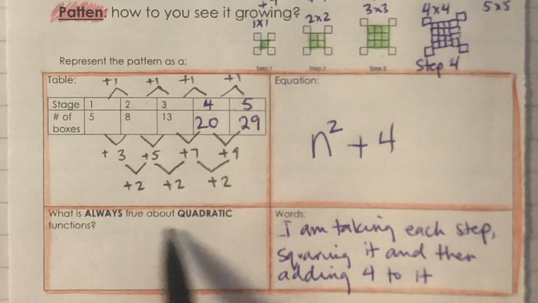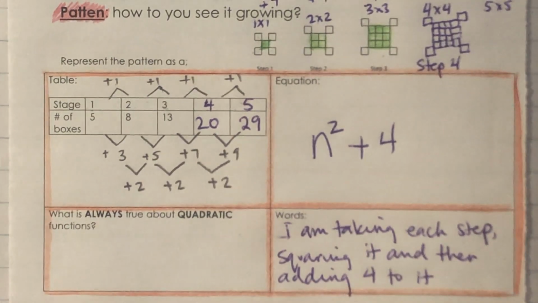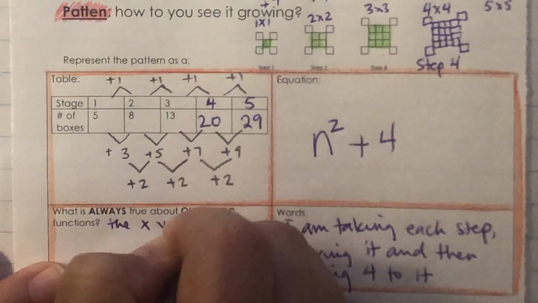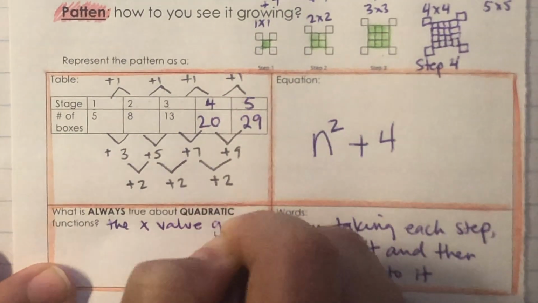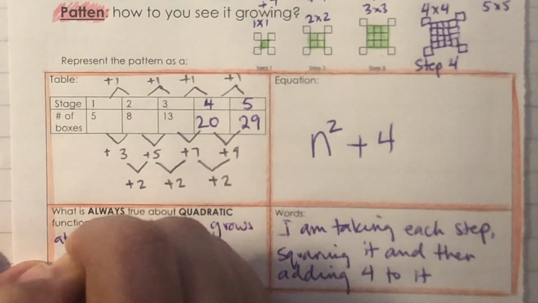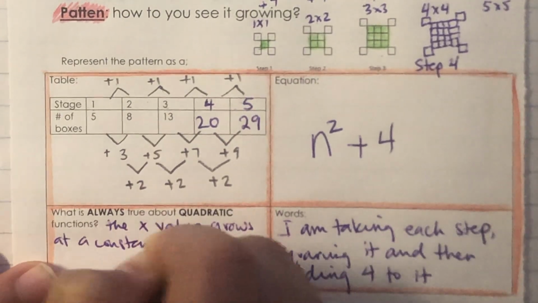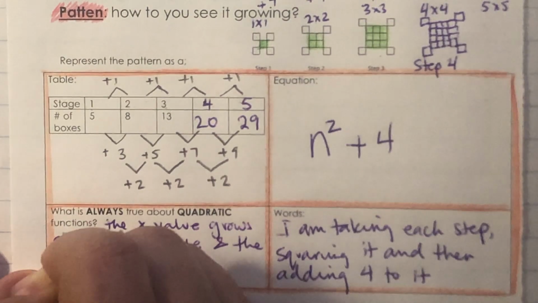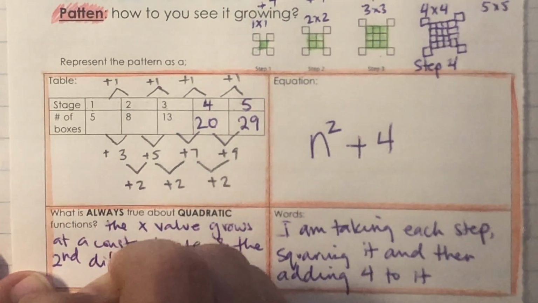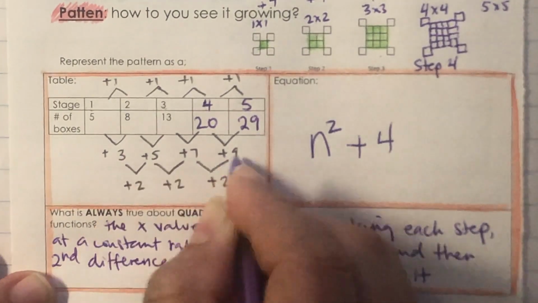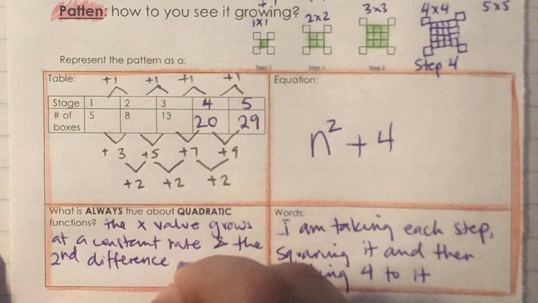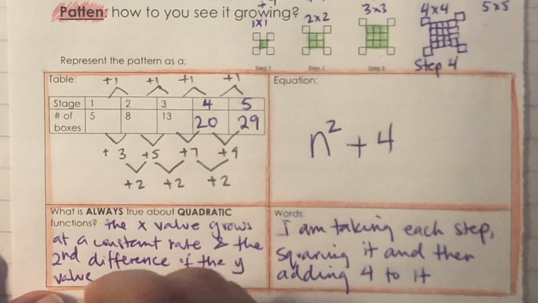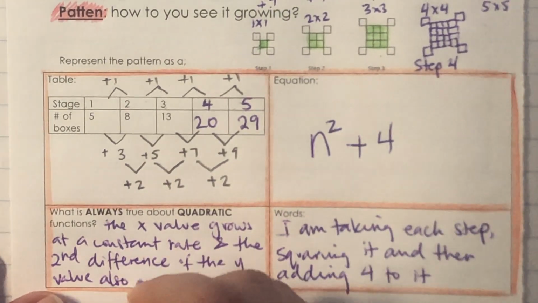And this is always true about quadratic functions, okay? So what is always true about quadratic functions? The x value grows at a constant rate. And the second difference, that means the second time that I find the difference between each number, the second difference of the y value also grows at a constant rate.